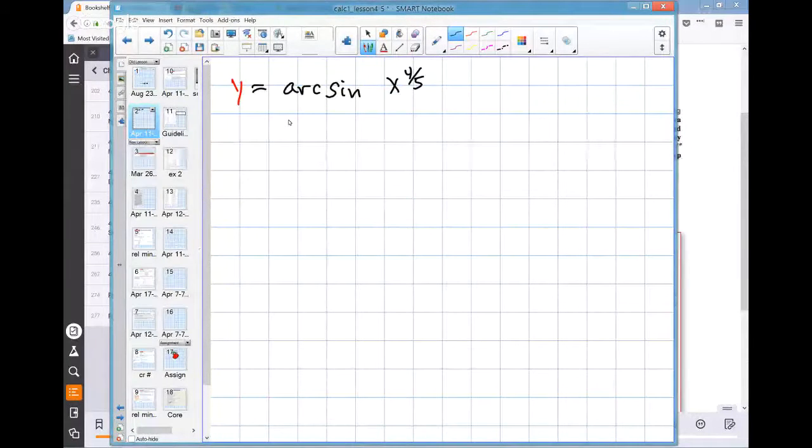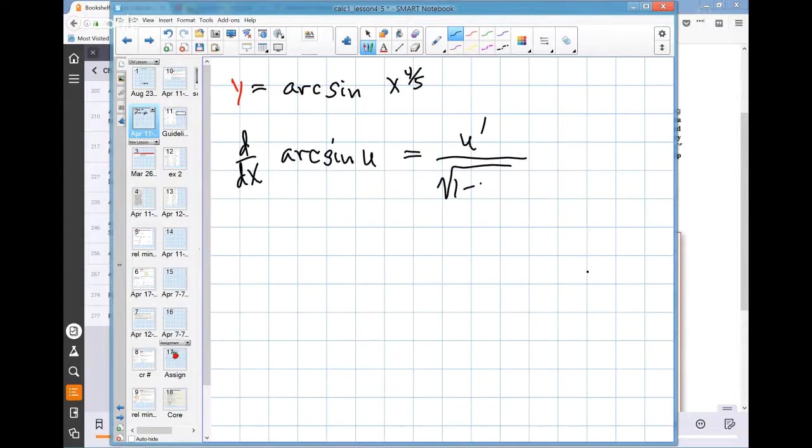We know that the derivative of the arc sine of u is u prime over square root of 1 minus u squared. So that was one of those derivatives we learned.